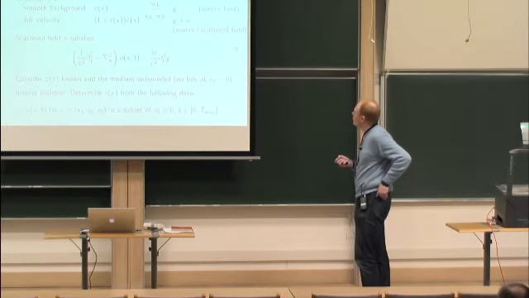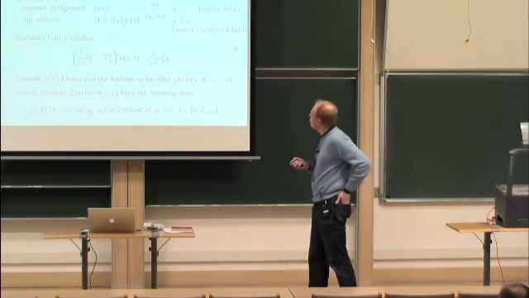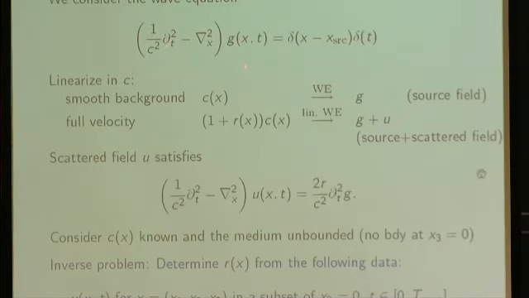So let's look at the linearized inverse problem. Here we have the wave equation with a point source in space and in time. We linearize this. We assume there's a smooth background c(x), and we linearize around this background, and I call the reflectivity R. So in this smooth background, we solve the wave equation, we get a source field, which is the refracted waves.